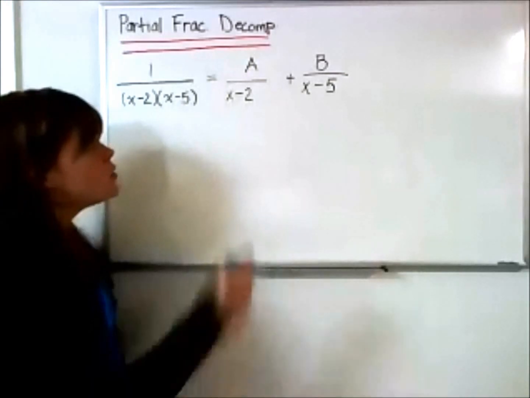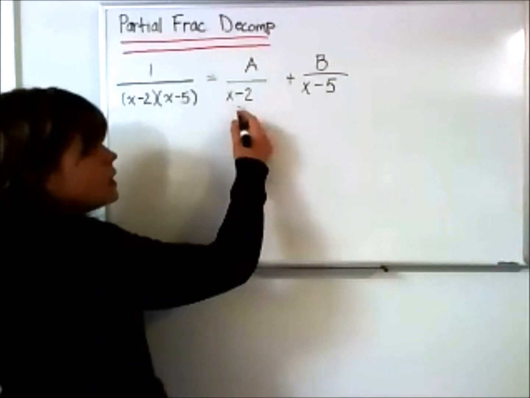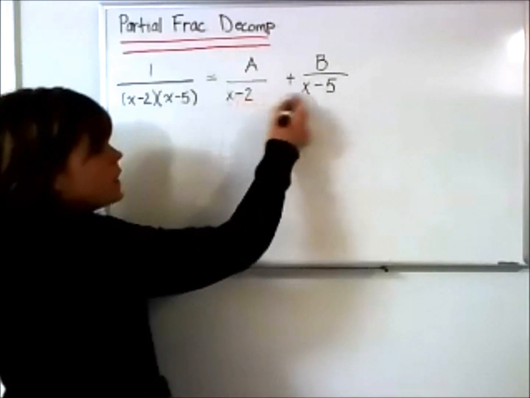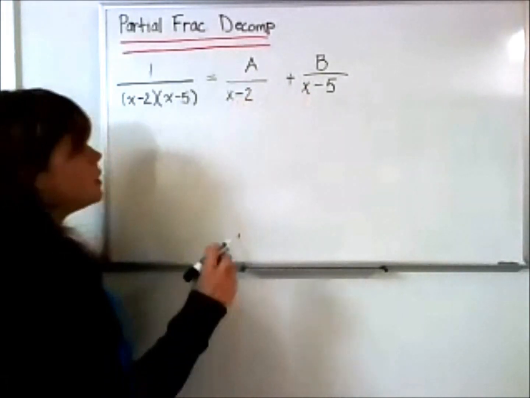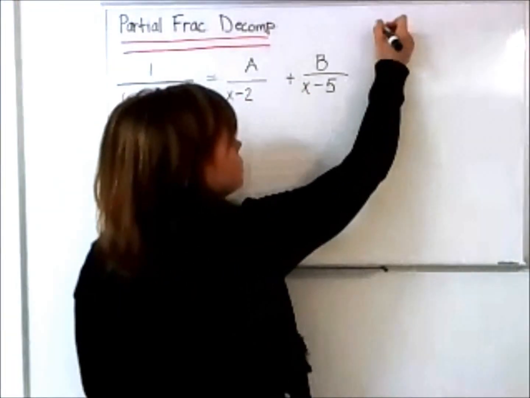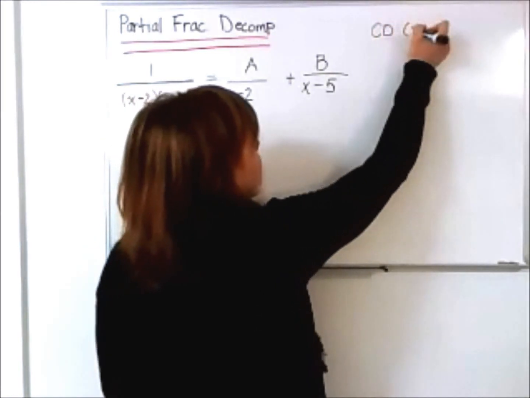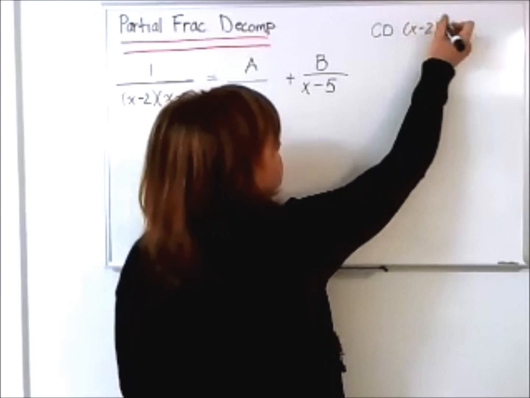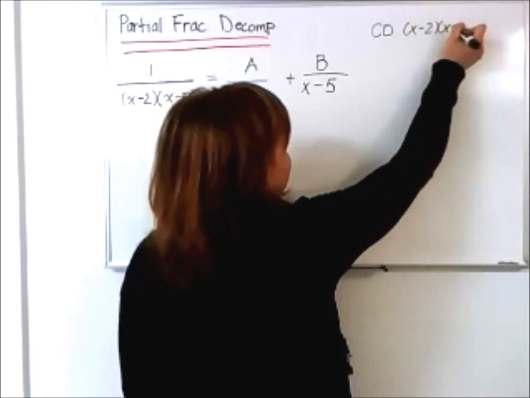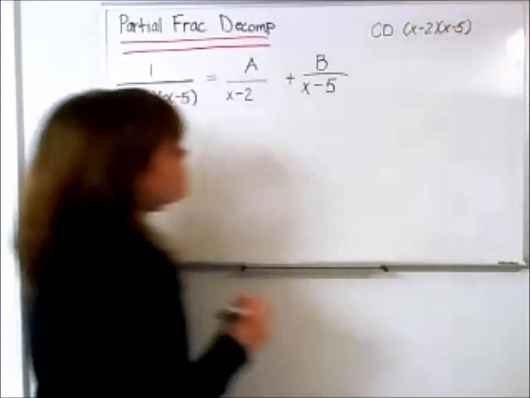Okay? So if I were to find the common denominator between this fraction and this fraction, it would be x minus 2 times x minus 5. Okay?